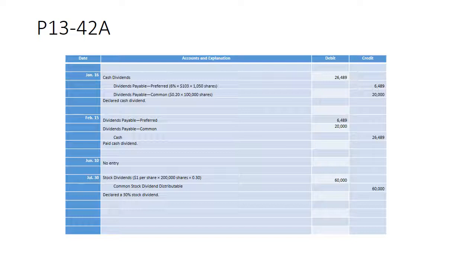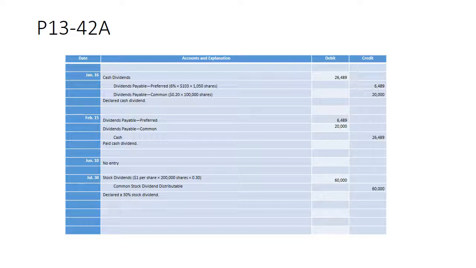So first, let's determine the total amount of the dividend. Well, they declared a dividend on the preferred stock, which is 1,050 shares outstanding. So we always use outstanding shares when we're determining a dividend, and we'll explain that in a few minutes.